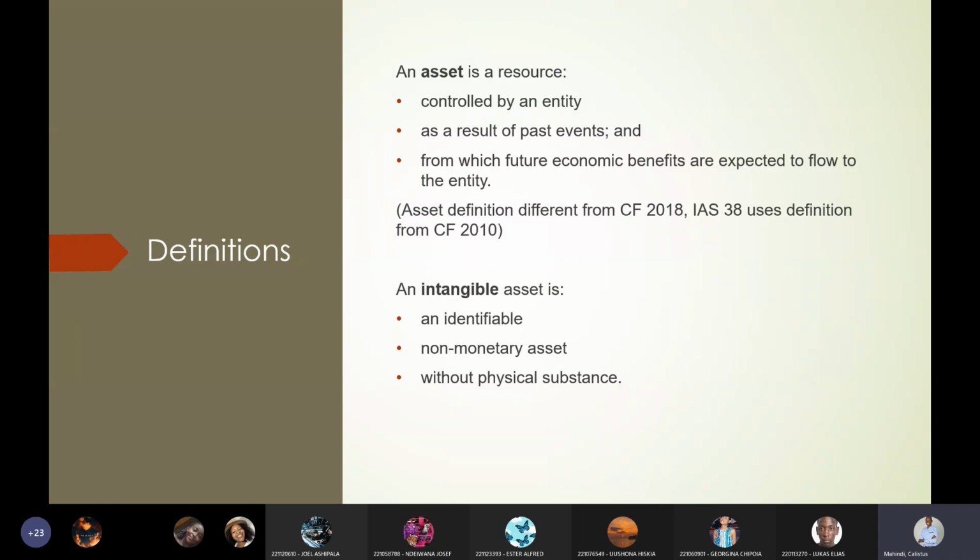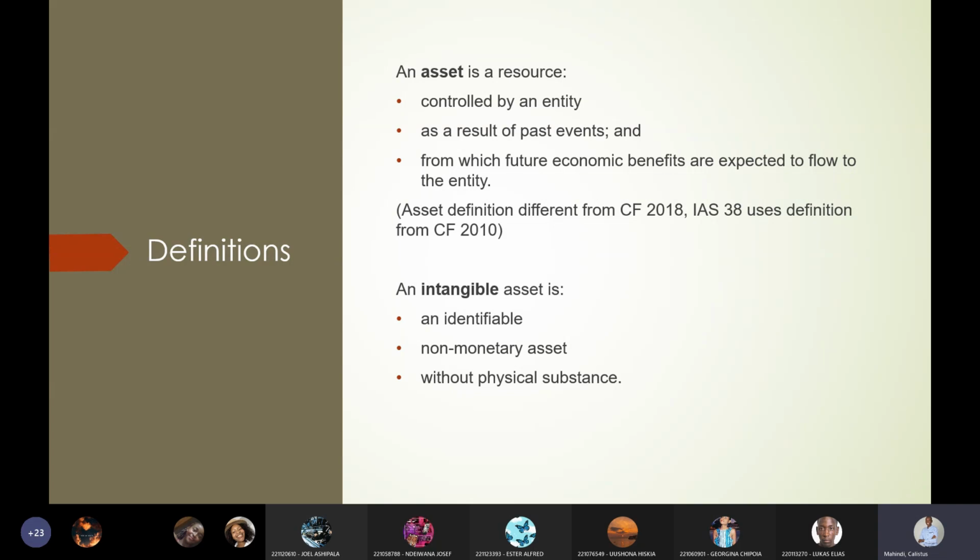Once it meets that, we can go on to define an intangible asset. An intangible asset is an identifiable non-monetary asset without physical substance. That's the definition of an intangible asset.